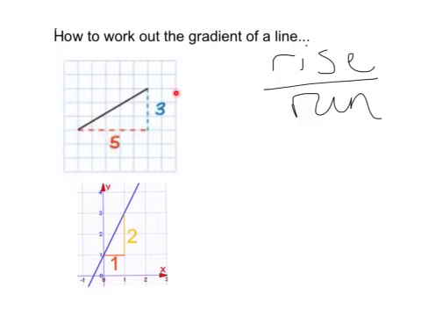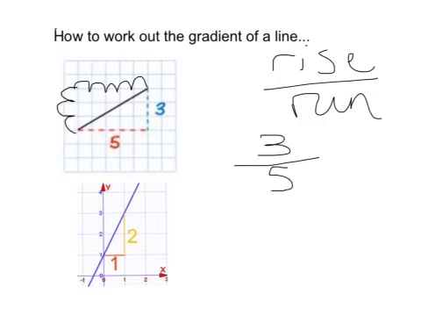This example is nice, but actually, because I want my rise first, I would probably start at this point here and do my rise first. So I would do rise 1, 2, 3, divided by my run across 1, 2, 3, 4, 5. So the gradient of this line is 3/5.